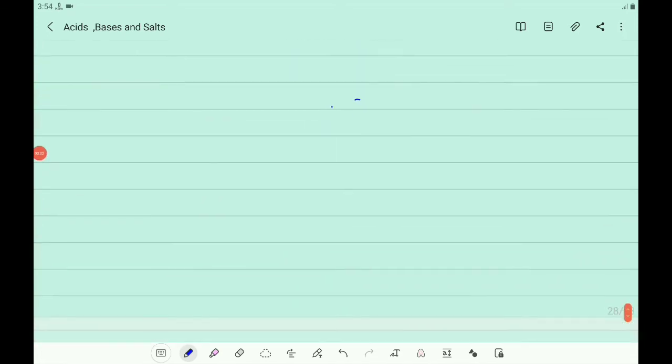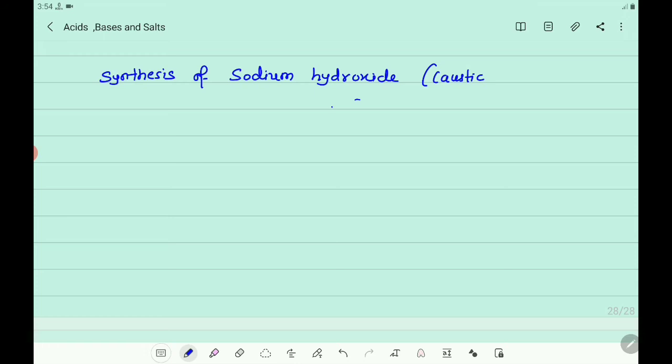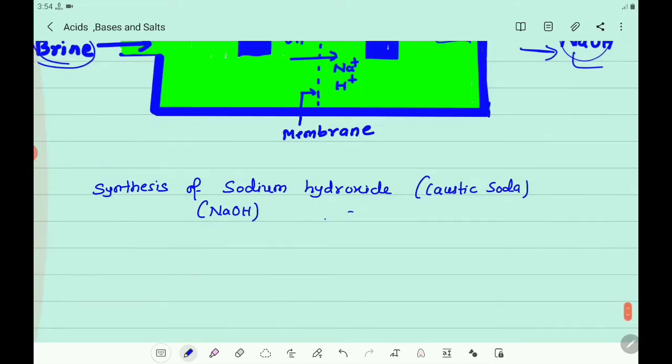So write: synthesis of sodium hydroxide. It is also called caustic soda. Its molecular formula is NaOH. Now, what is the name of the process?